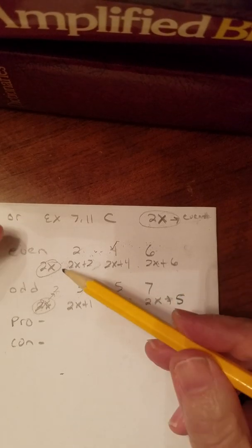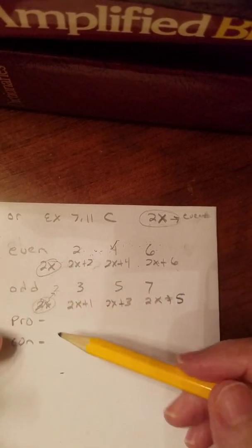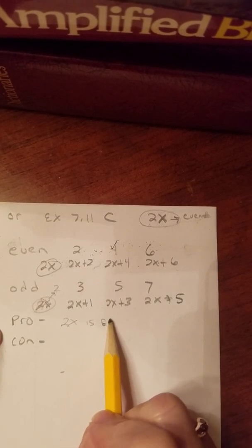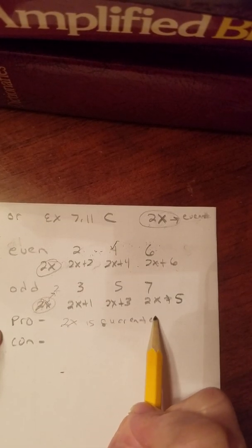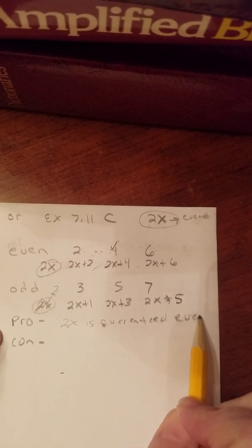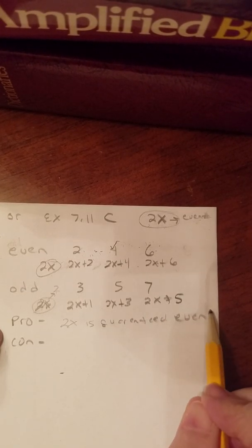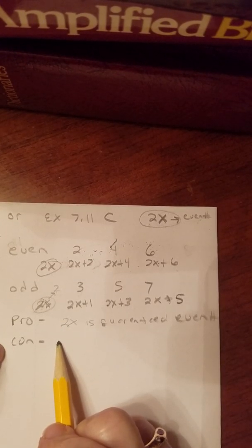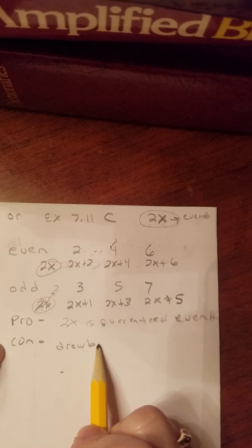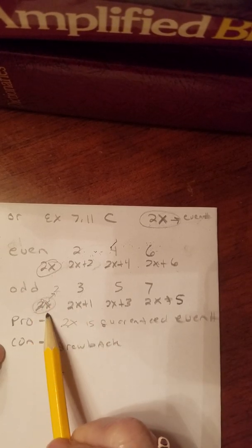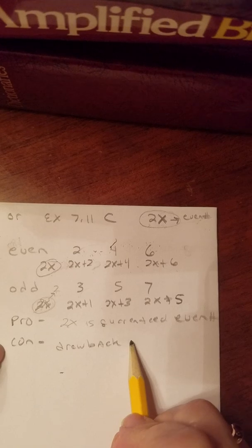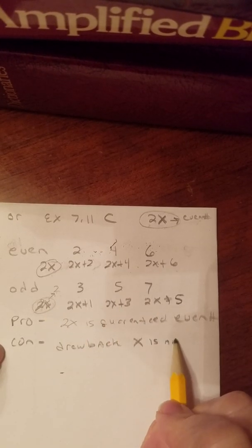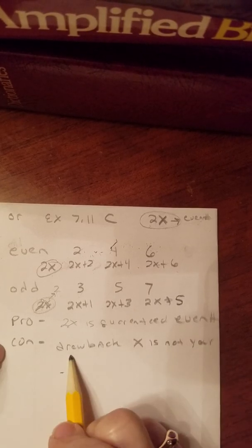Now there are pros and cons to using it this way. The one pro is that 2x is guaranteed to be an even number no matter how you start. The con, or the drawback, to using this representation is that 2x or x is not your first number.